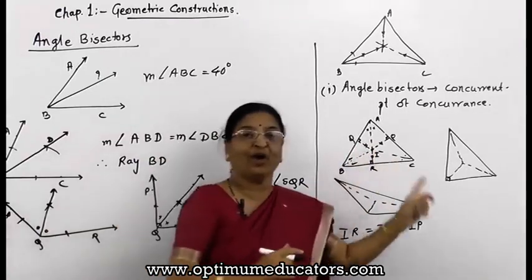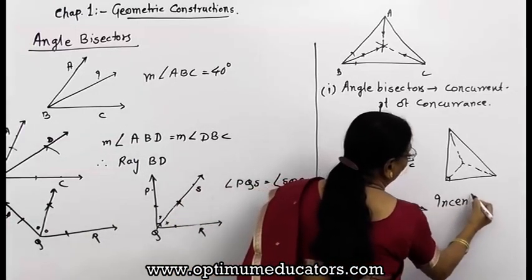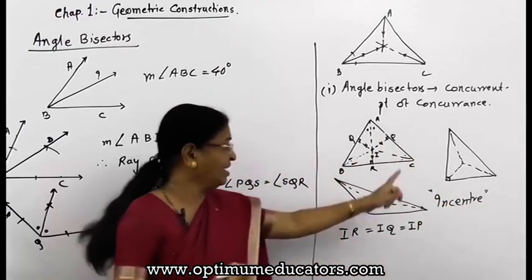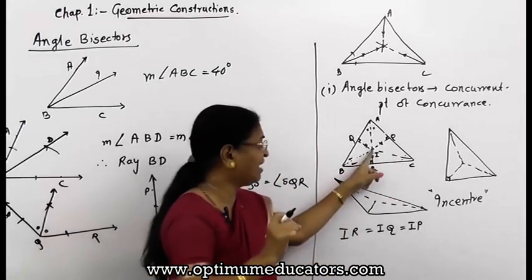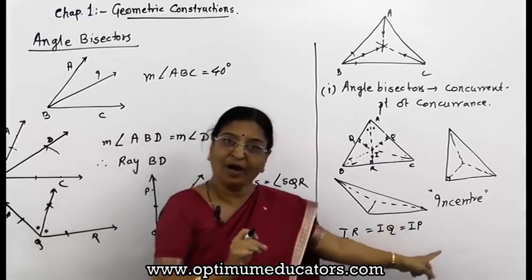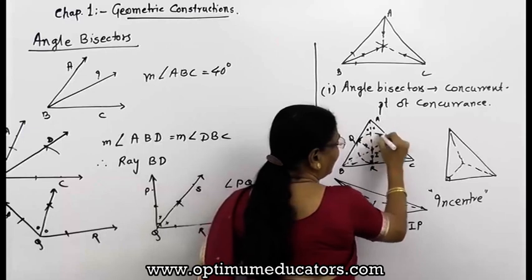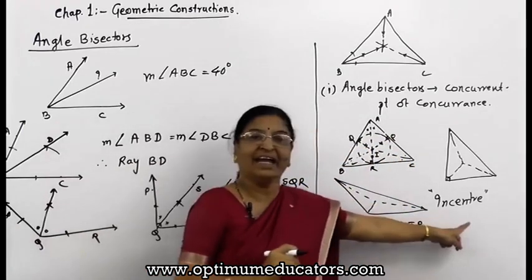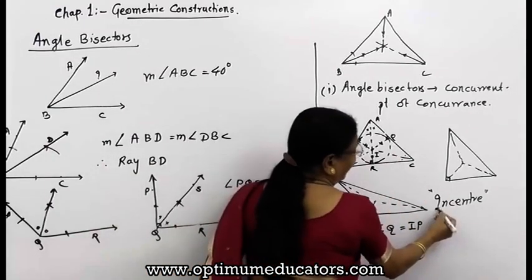This is why we call it the incenter. Why is this called the incenter? If you take a point I and take a radius equal to IR or IQ or IP, I can draw a circle touching all the three sides, and that's why it is called the incenter and marked as I.